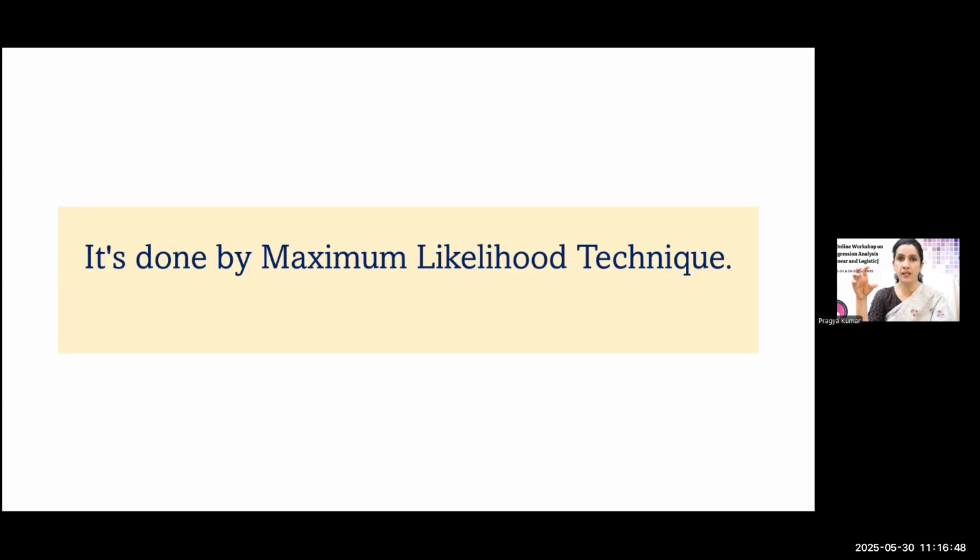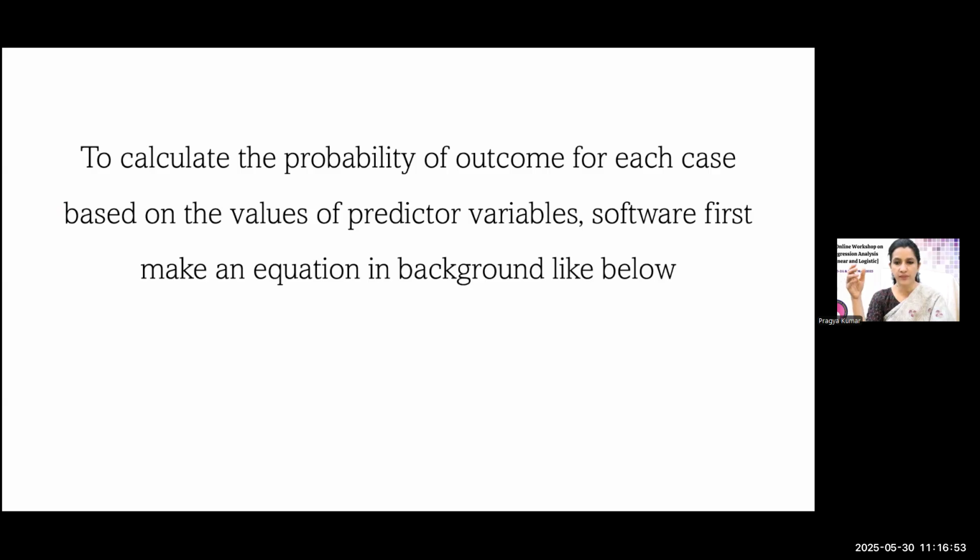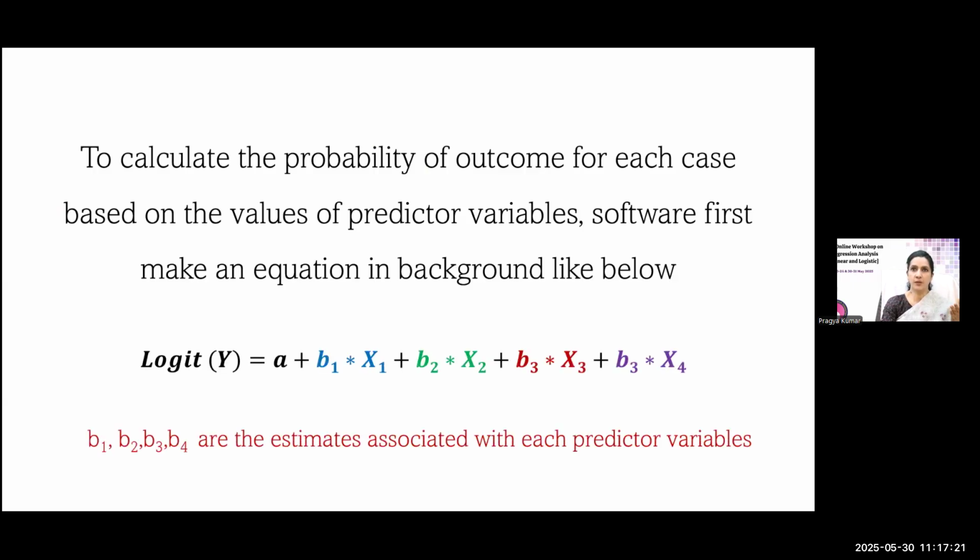Basically, what the software does, taking all independent variables into account, is calculate the probability of that particular dependent variable, and it does it in many iterations. It runs that many times, and then it selects the probability which is the maximum, meaning with the least distance from the actual one. That's why the software makes that equation in the background, like this logit of y, which is the dependent variable.